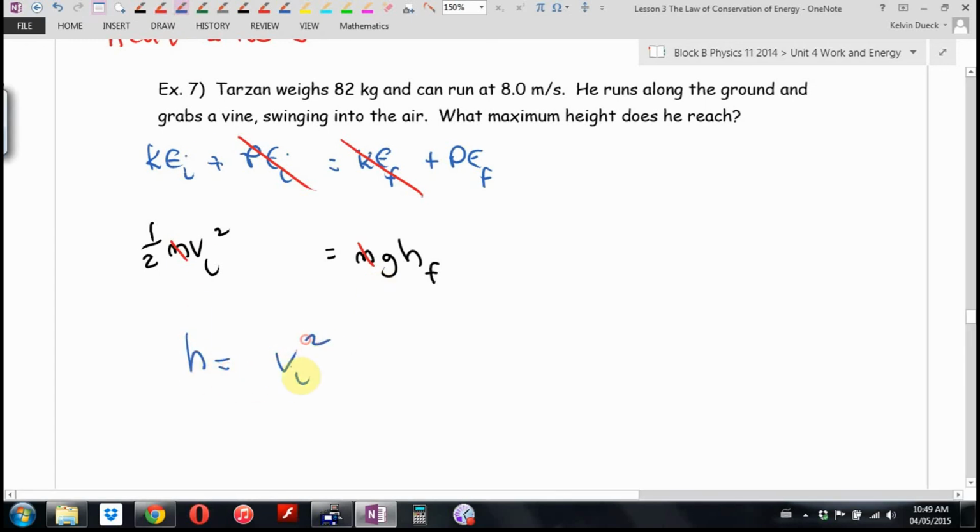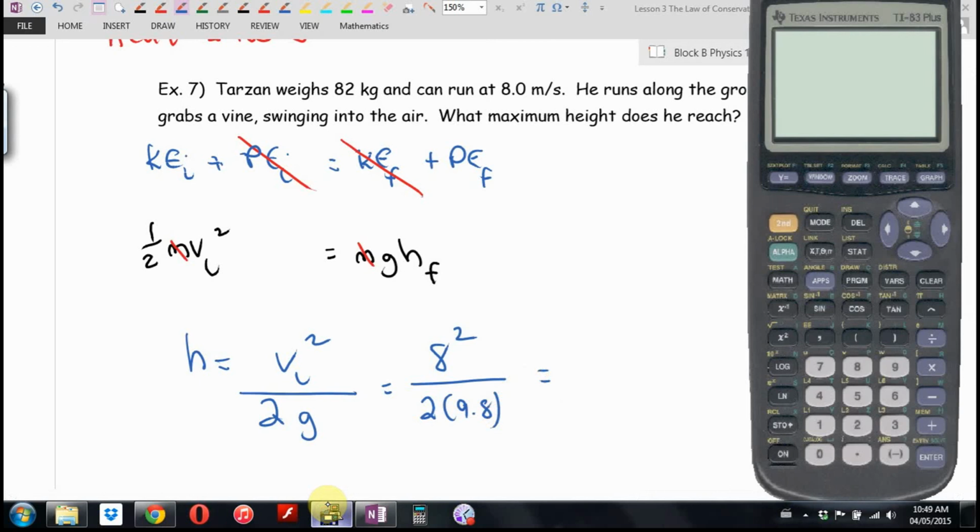I said it's v initial squared divided by g, and I said, yeah, you can times by a half, but that's just the same as sticking a 2 in the bottom there. 8 squared divided by 2 times 9.8. Oop, wrong button. 8 squared divided by bracket 2 times 9.8. 3.3 meters high.